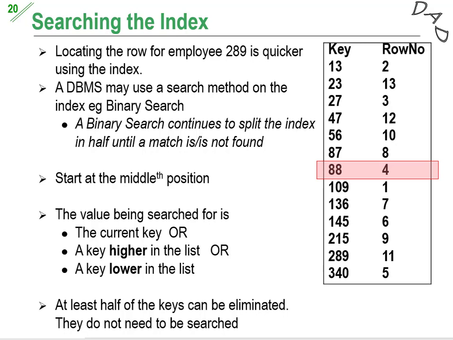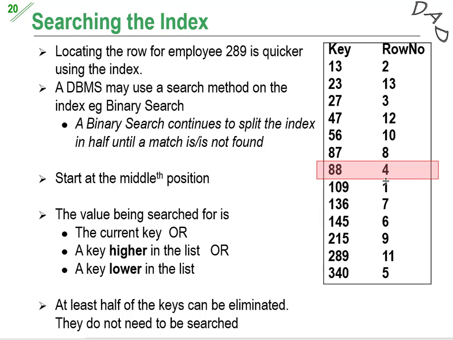Now in the binary search method, what happens is the DBMS tries to load the index first into the memory and split the index into half. That is what we mean by binary. It splits the index into half, and it will take the middle position of the index.